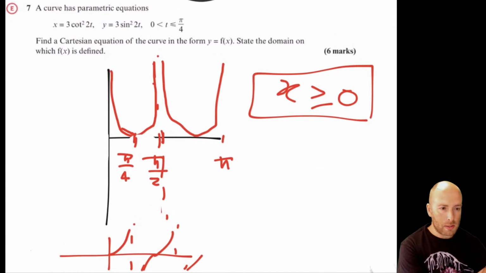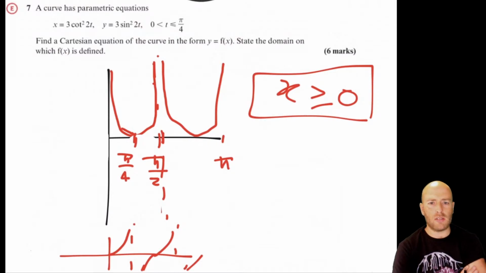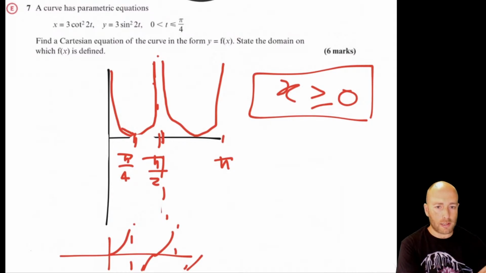Has anyone got any questions about the domain on this one? Everyone okay with this, or has anyone got any bits that are unsure with the domain? I can show you on the graphical calculator. I probably should have done this on the graphical calculator anyway.